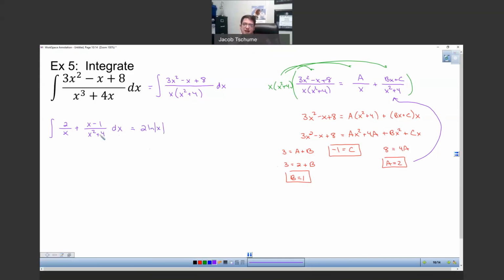And then just like the last one, this one is going to need to be broken down like we did number 4 into 2 separate fractions. So it would be plus the integral of x over x squared plus 4 minus 1 over x squared plus 4 dx.